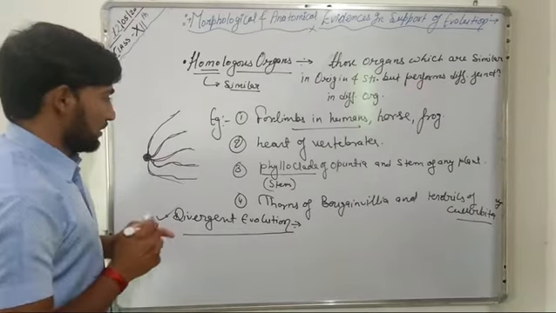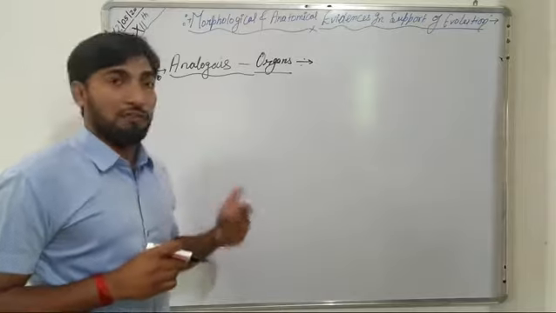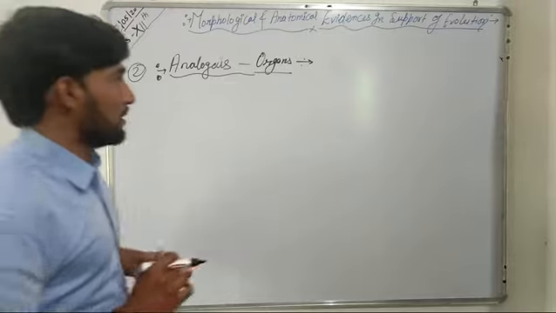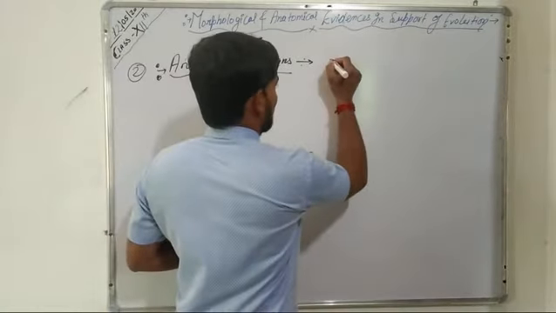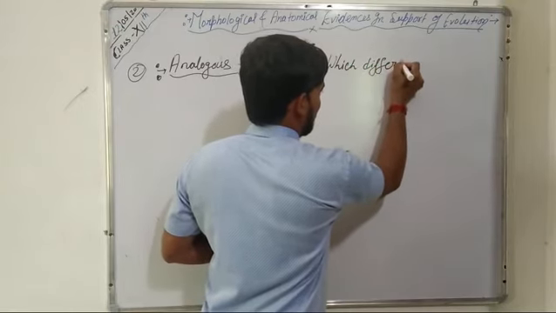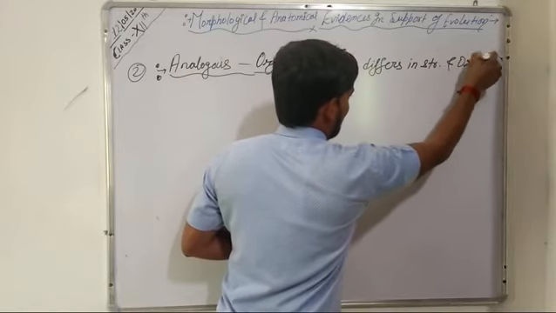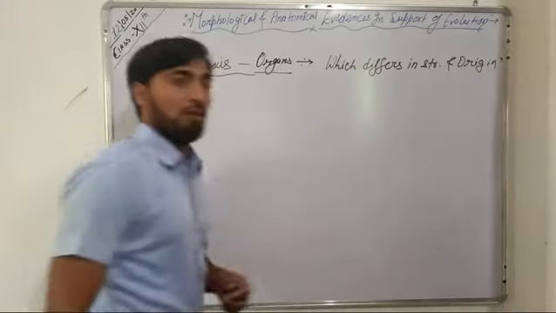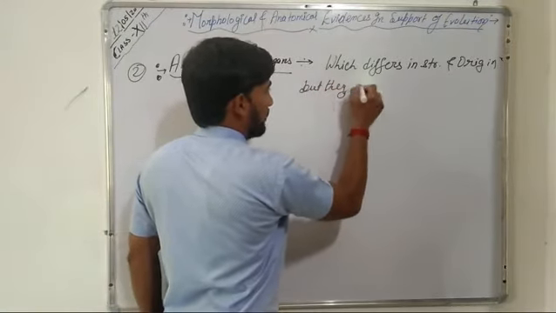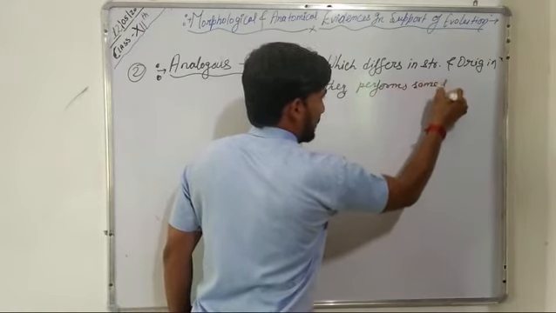Now the second type of evidence is analogous organs. What are these analogous organs? Analogous organs are the organs which differ in structure and origin, but perform the same function.